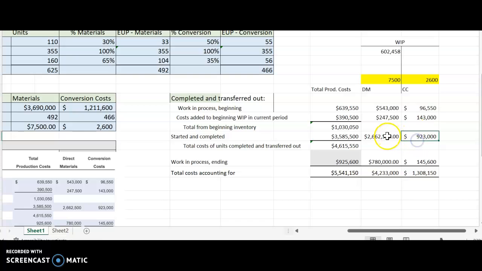And if you add those two together, your direct materials and your conversion costs, that's going to give you the total dollar amount of started and completed. When you add that to beginning inventory, add those two together and get your total cost of units completed and transferred out.